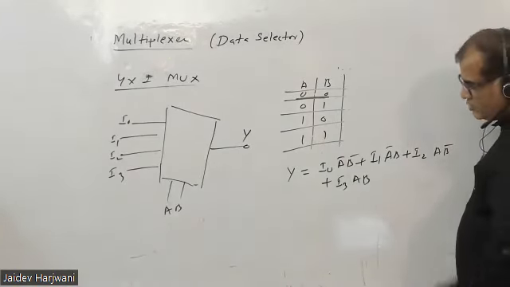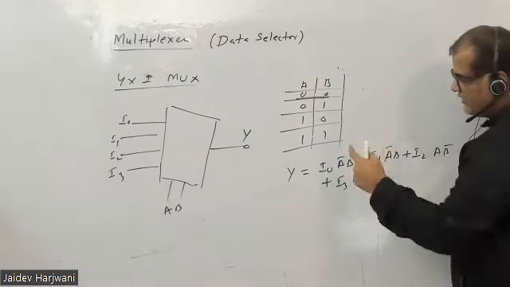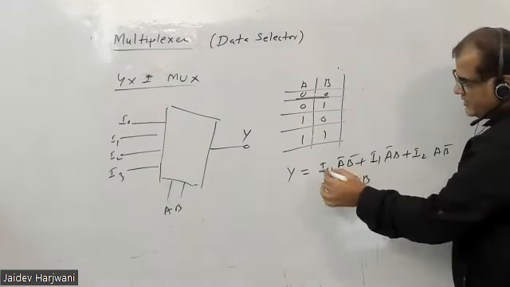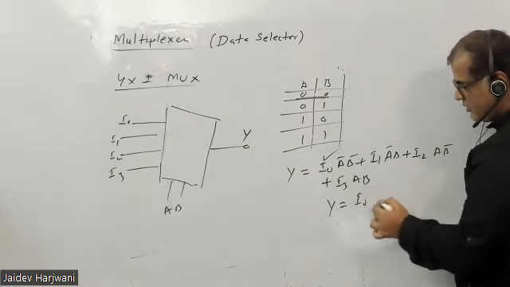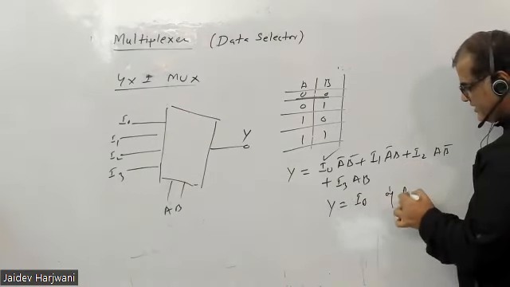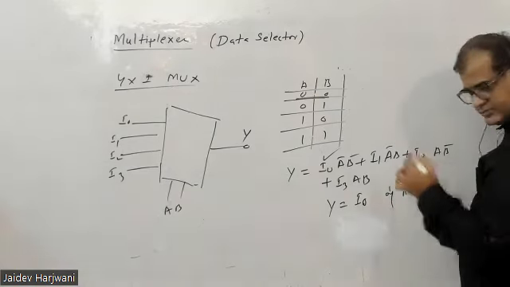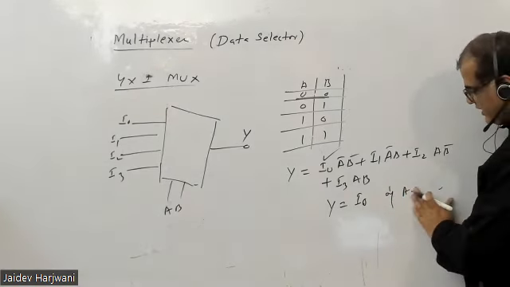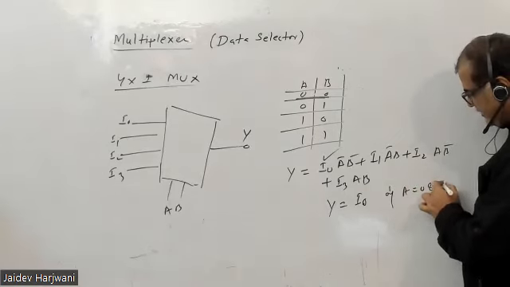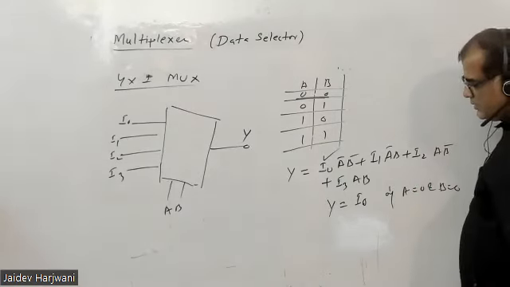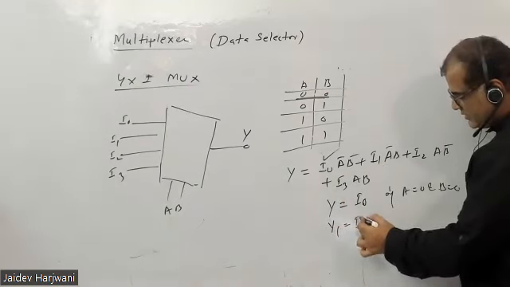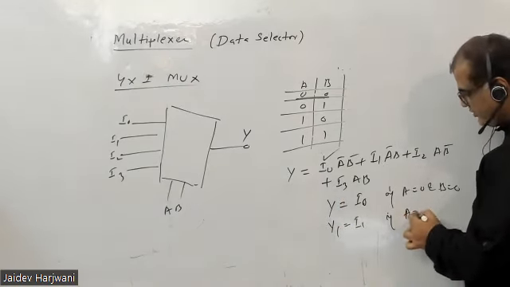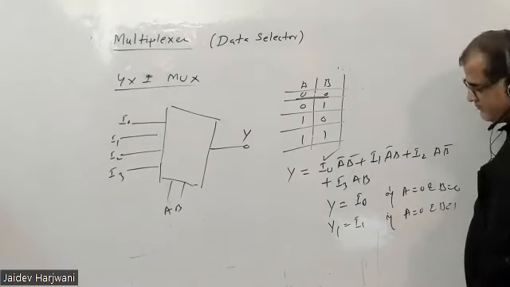Okay, now you choose the value. If you put 0 0, if A is 0, B is 0, then only this term will survive. Okay, so your output will be I0 if select lines A equal to B equal to 0. Similarly, if you want to land this input I1 here, then you require A to be 0 and B to be 1.